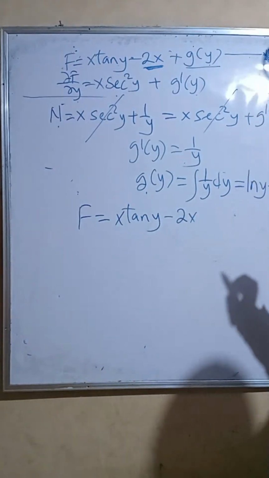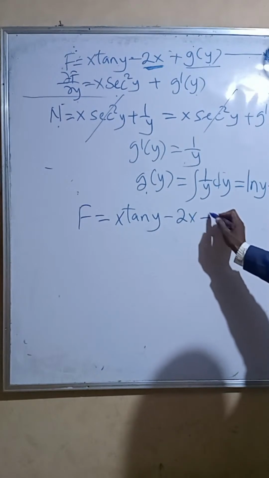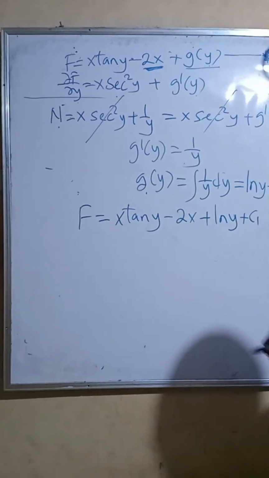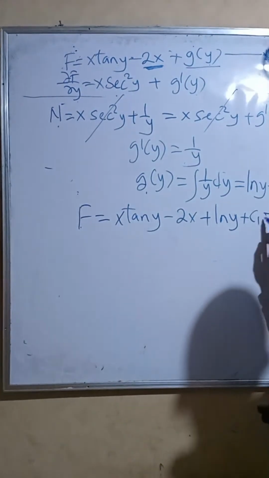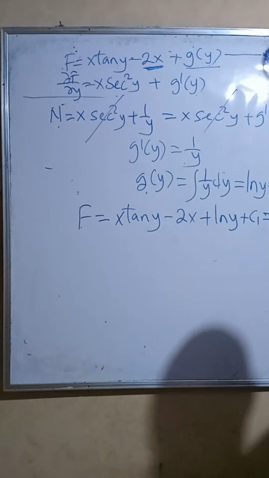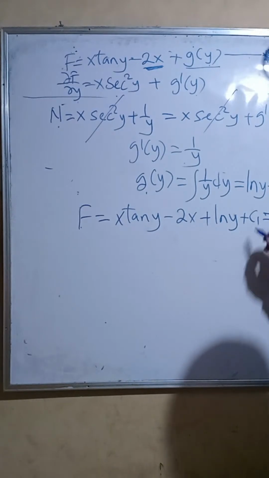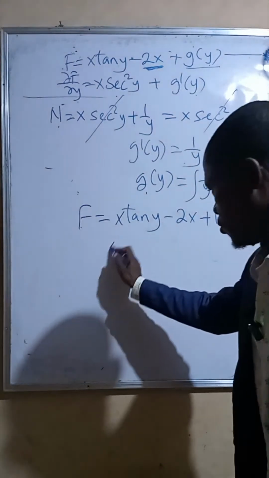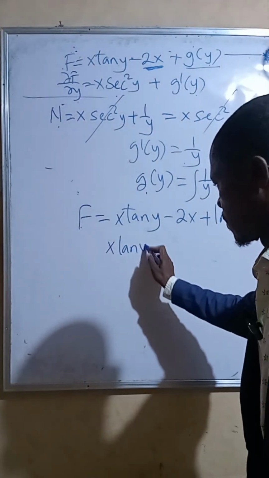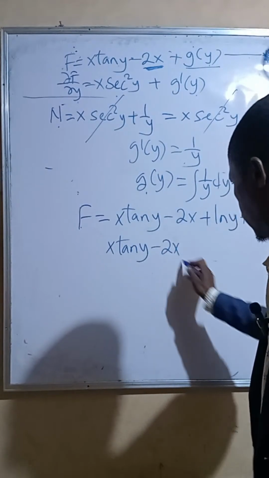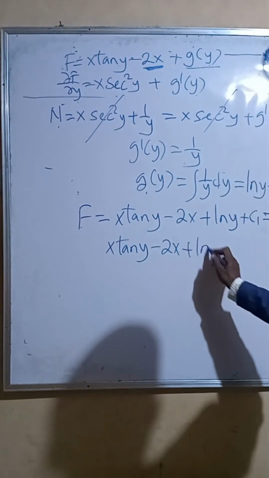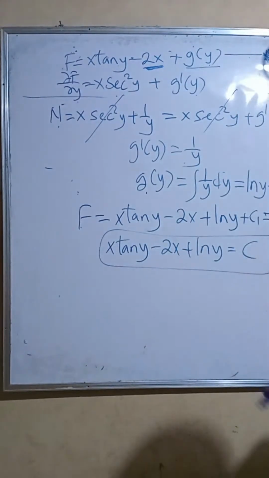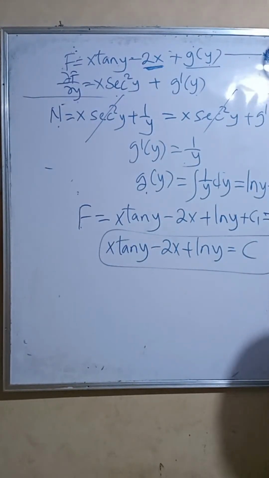My g of y is plus natural logarithm of y plus c1. And this f is equal to capital C. Okay, so you can combine this c and c1 together. That also gives you the c. So the final conclusion, we have this. And that's that on this particular question.